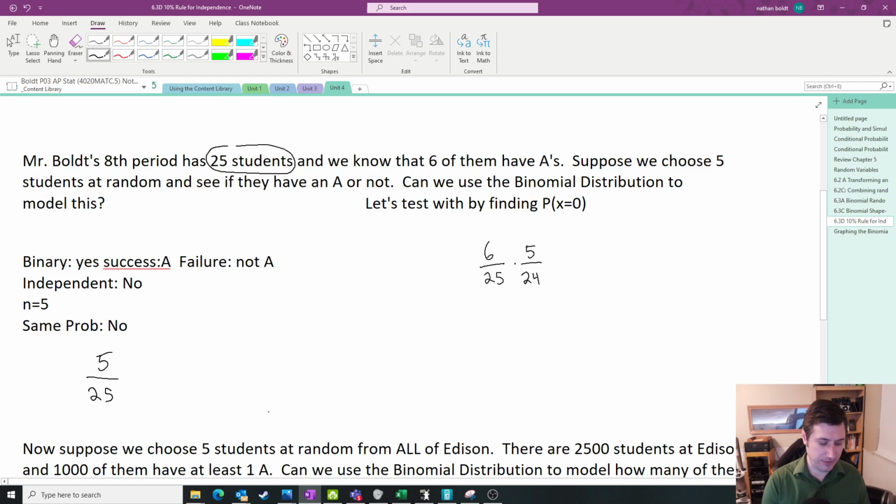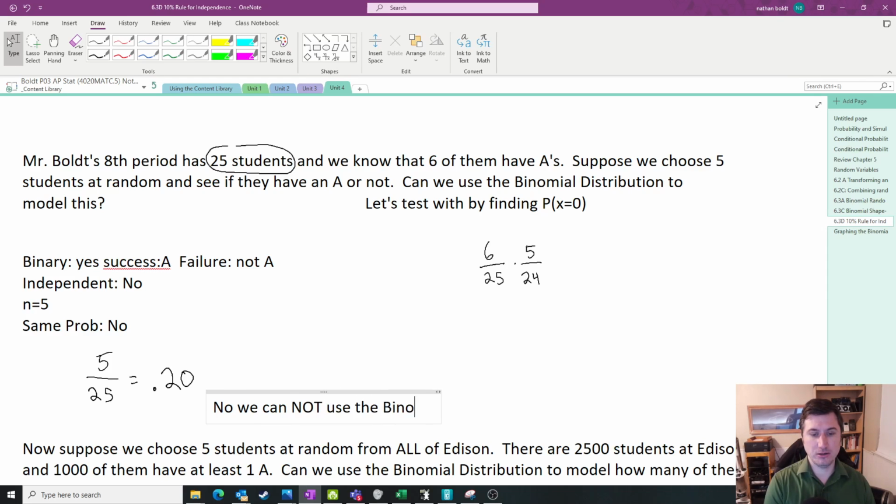Sadly, that's not right. 5 divided by 25 is 20%. Oh, well then the rule doesn't apply here. We can't fudge anything. The 10% rule fails. So no, we cannot use the binomial distribution to model this.